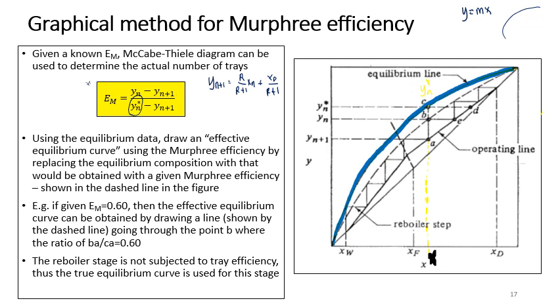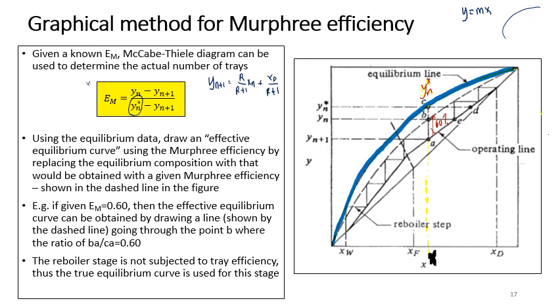However, if your Murphree efficiency is only 60%, you would only go 60% of the way. You cannot reach up to yn star; you only reach 60% of the way.